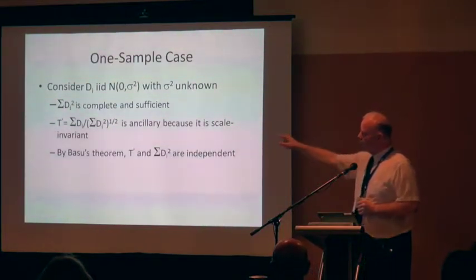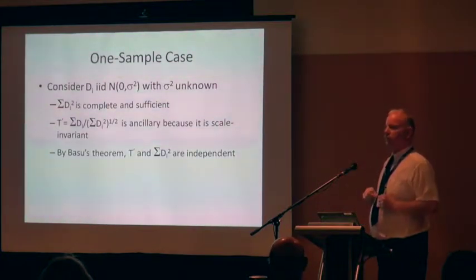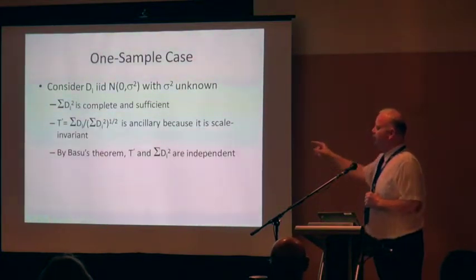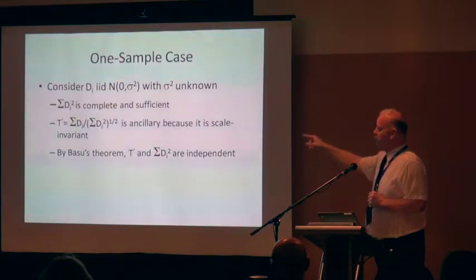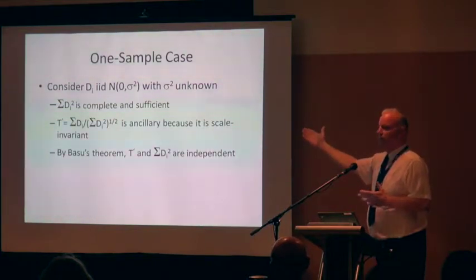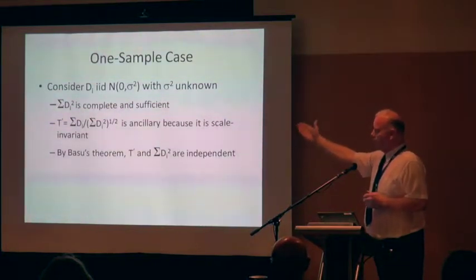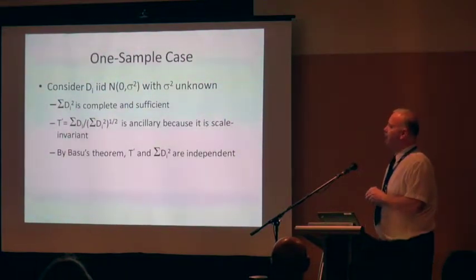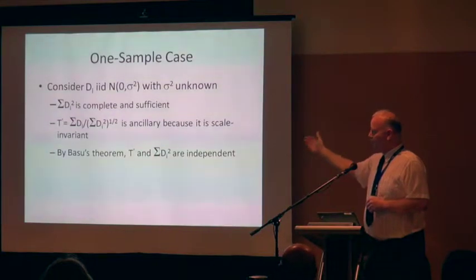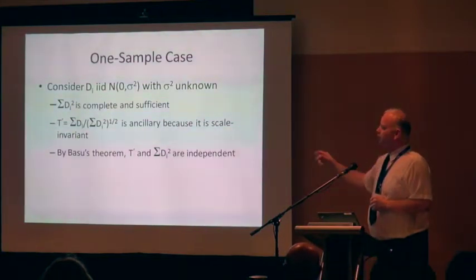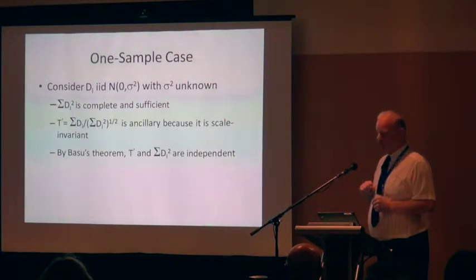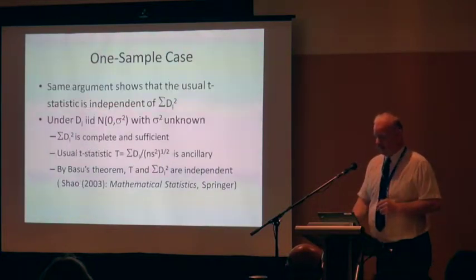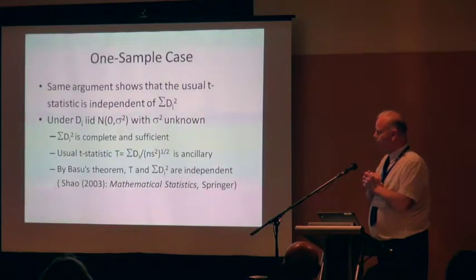And I claim that T prime, that sort of strange looking T statistic, is ancillary because if you divide all the d's by sigma, they just cancel out in the numerator and denominator. It doesn't change anything. So T prime is an ancillary statistic, and so by Basu's theorem, T prime and the sum of the di squareds are independent. So that crazy looking theorem is in fact true.